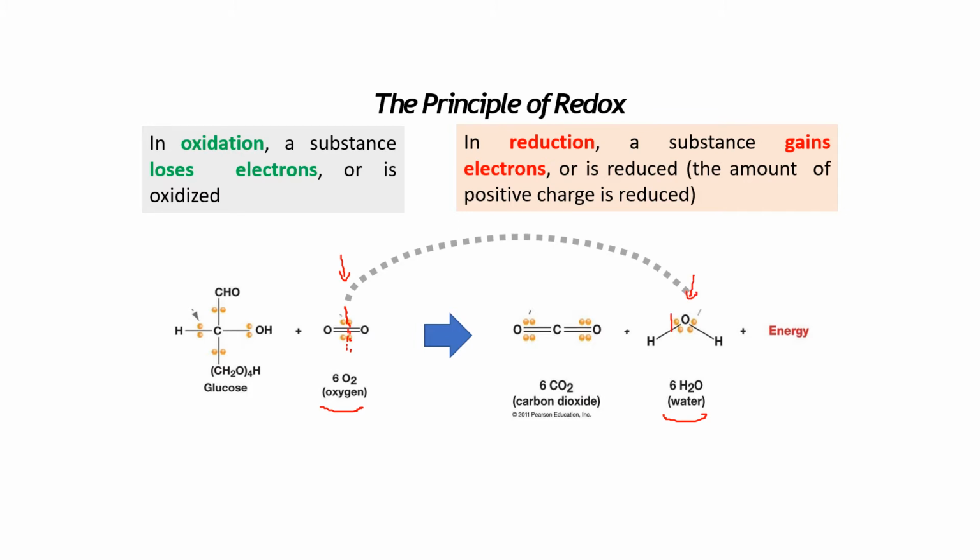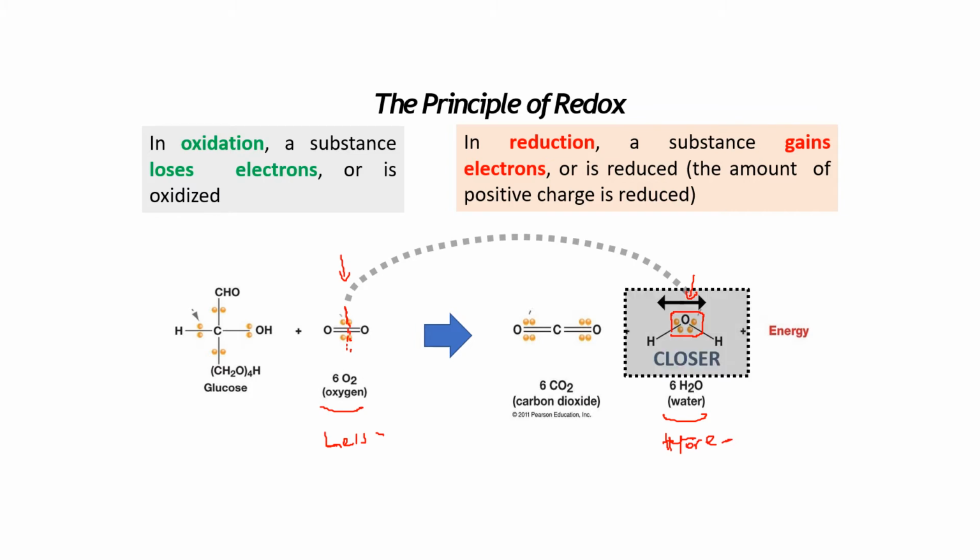Now all the electrons are very close to the oxygen. So here it was less negative because the electrons were far, while here it is more negative because the electrons are very close to the oxygen.